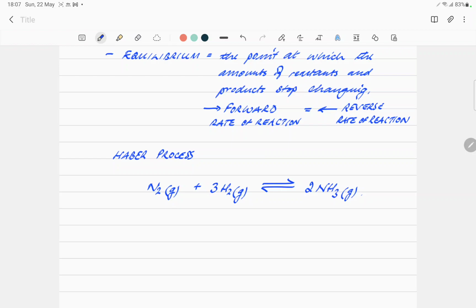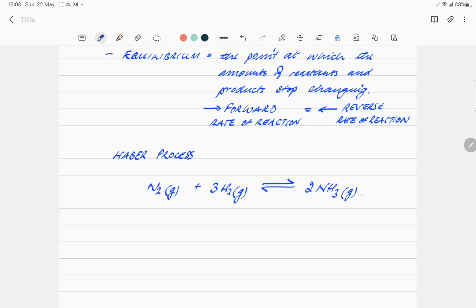So first of all, this particular reaction, do you remember, is it endothermic or exothermic? Any idea? Exothermic? It is, yes, well done.